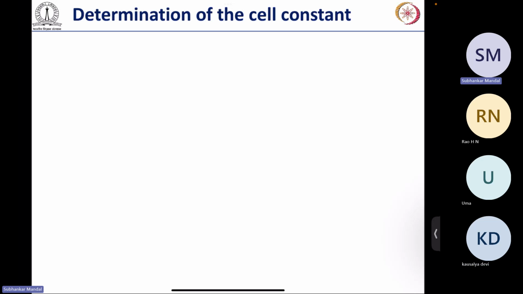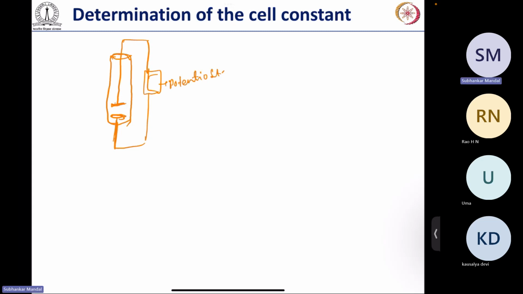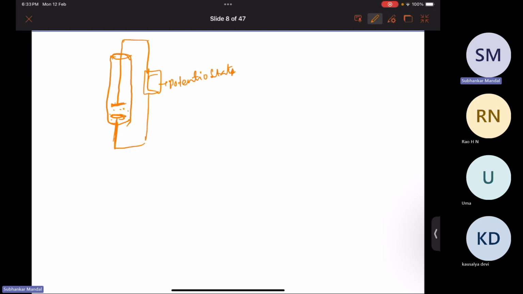Suppose I have a cell like this, and I have one electrode here, which is connected, and another electrode like this. It is connected with an ammeter or some potentiostat, and you can put your electrolyte here and measure the conductivity.